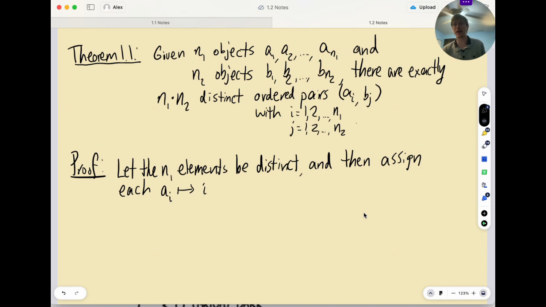That way, instead of thinking in terms of objects, we're really thinking in terms of numbers. So if you have the colors of the rainbow, red, orange, green, blue, indigo, violet, you can just replace red and call it 1, and orange is 2, right? You can just replace them with the numbers, and then this is a little easier.